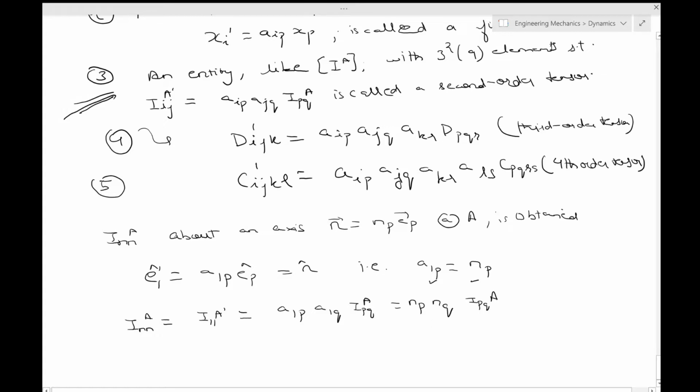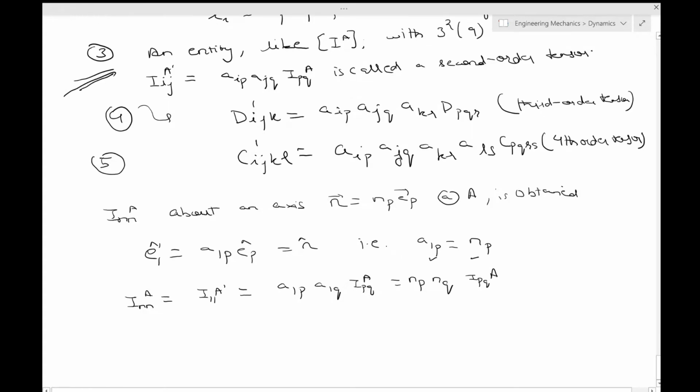Now you want to clearly expand this, so you will have these 9 terms. So let me write that. Inn A will be equal to I11 A n1 square plus I22 n2 square plus I33 n3 square plus 2 times I12 A n1 n2. 2 times, because this I12 will be the same as I21.